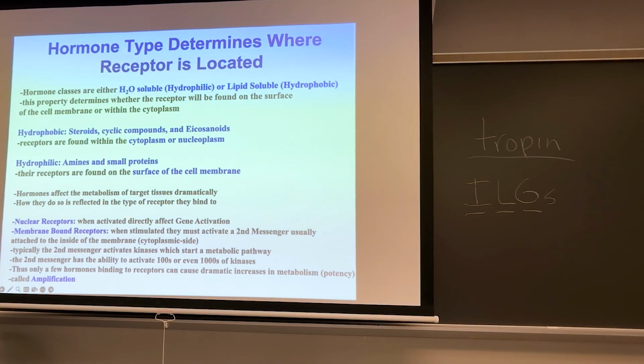Because they all activate kinases, don't they? That cause kinase cascades. So nuclear receptors or cytoplasmic receptors for hydrophobic hormones typically lead to direct gene activation or gene expression. Membrane-bound receptors are going to activate second messengers like cyclic AMP, cyclic GMP, IP3, calcium, all of those second messengers we talked about.